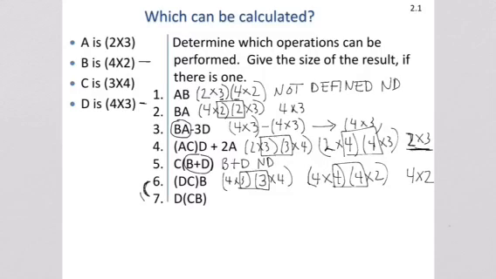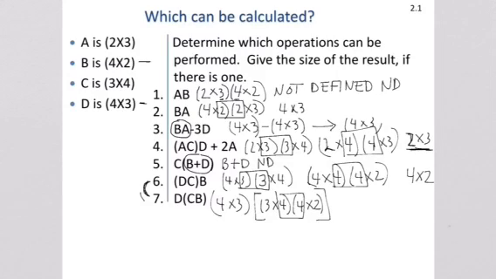Well, let's just grind through this. D is a 4 by 3 matrix, and that's on the outside, but on the inside, what we're multiplying is C, which is a 3 by 4, and B, which is a 4 by 2. Okay, so the number of columns in the left factor is equal to the number of rows in the right factor.